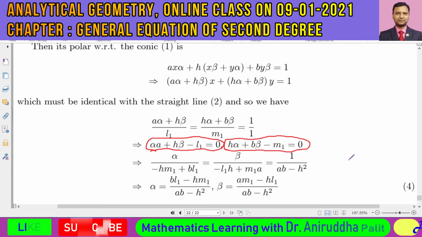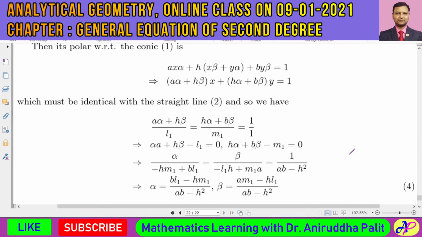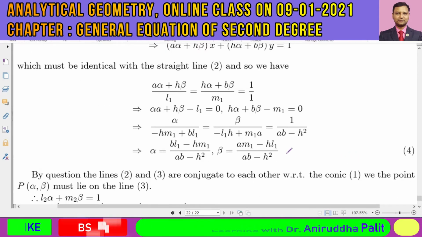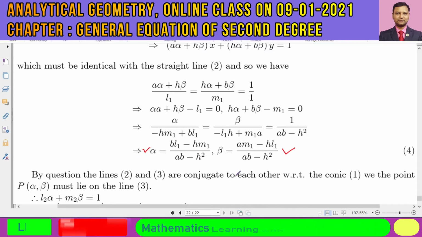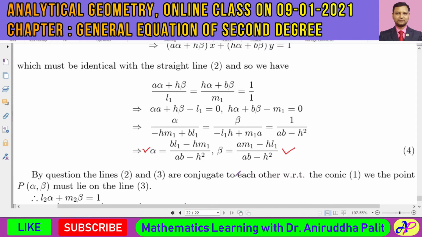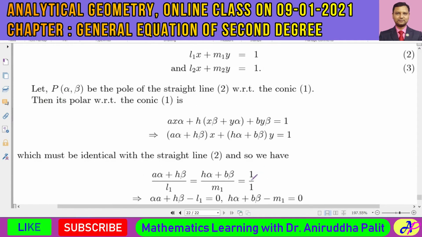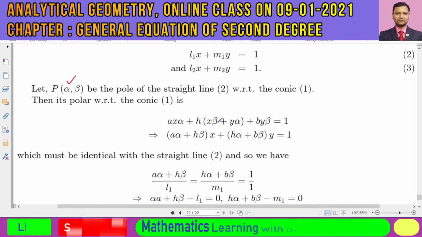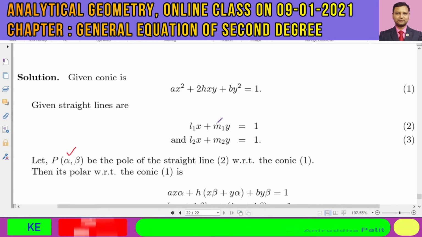So we actually have two linear relations involving two unknown quantities. So by cross multiplication, we can compute the expressions of alpha and beta. Got it? So in this way, we found the coordinates of the point P.